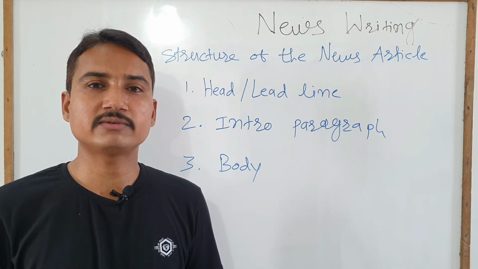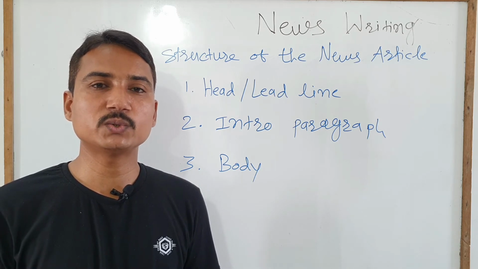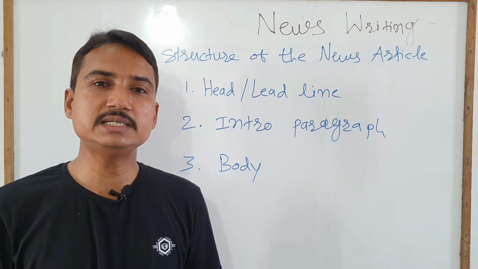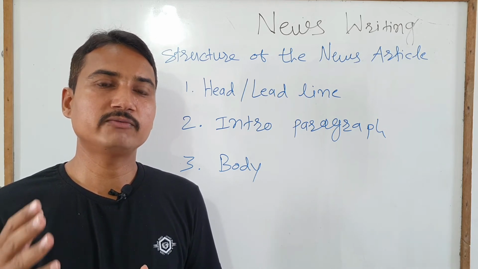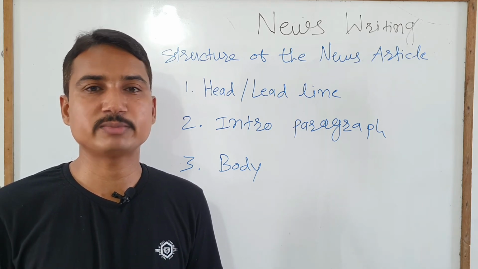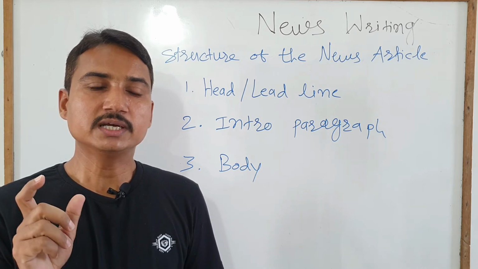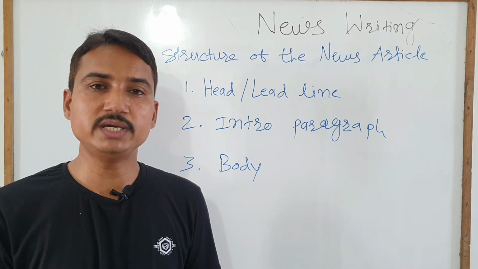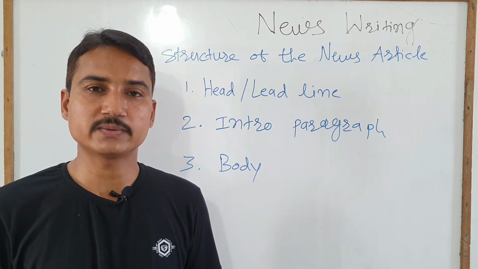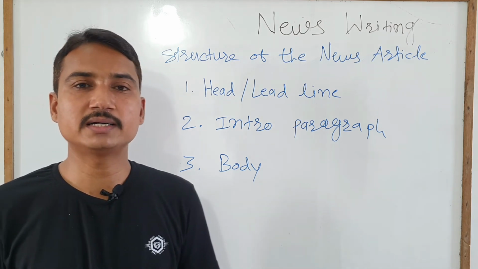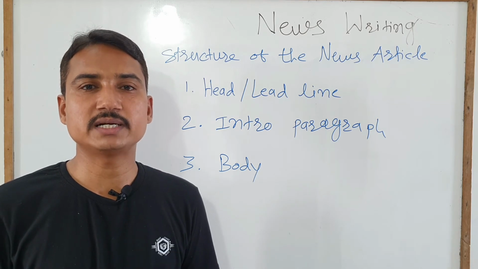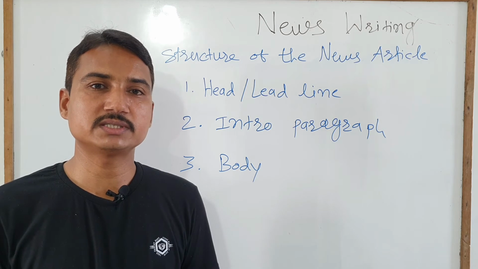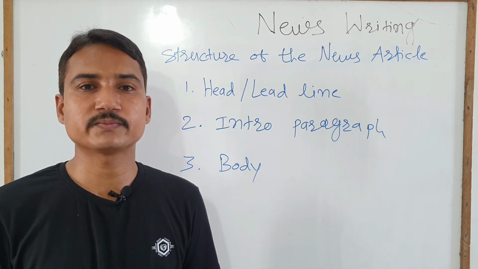In this paragraph, questions like who, whom, what, where, how are answered in a very short and concise manner, because any news article should answer all these questions to be informative and accurate. In the third part, the body of the news article, we get to know all the answers to these questions in a detailed manner.